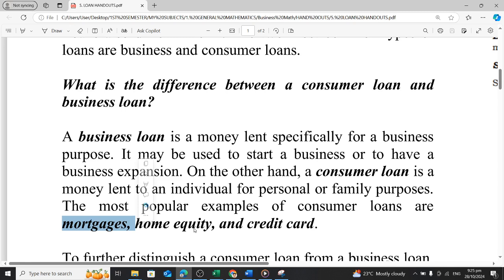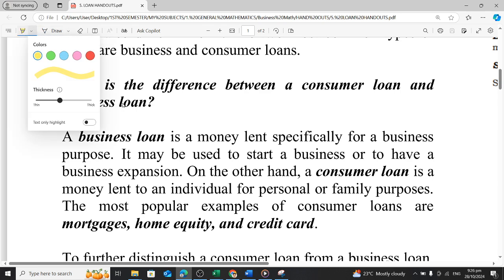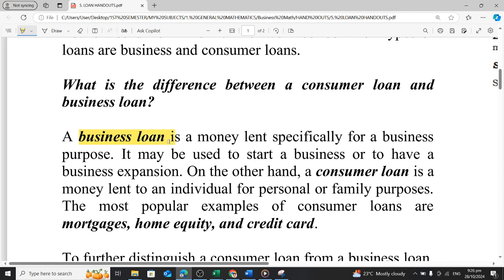So, that is also a consumer loan. The only difference between the two, when you say business loan, mangutang ka og kwarta for business purpose. Pero pag consumer loan, it's more on personal or family purposes.